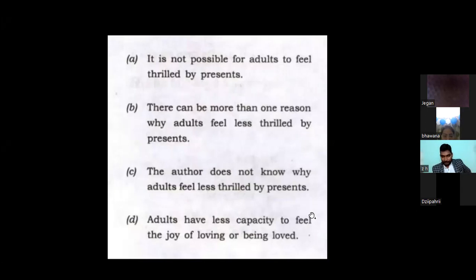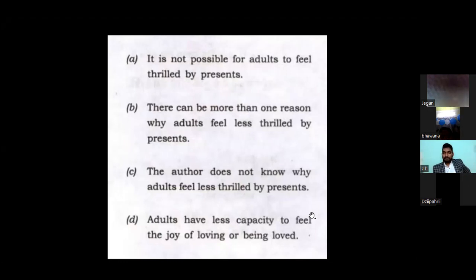Yes, sir. And the third option, the author doesn't know why adults feel less thrilled by presents, is an ambiguous statement, because why would the author have a passage if they don't know anything? What you're saying is, why would an author write something about which he doesn't know, about adults' liking of presents? Yes, sir. And the fourth option is adults have less capacity to feel the joy of loving or being loved.